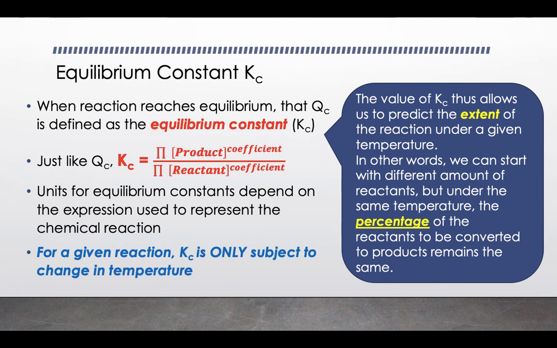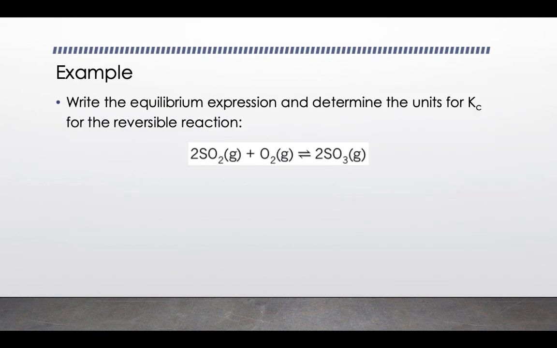However much reactants you add into the system, the conversion rate, or the percentage of the reactants converted to products, remains the same. It's quite abstract, so let's try an example.